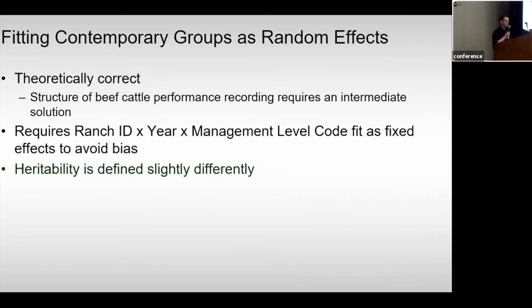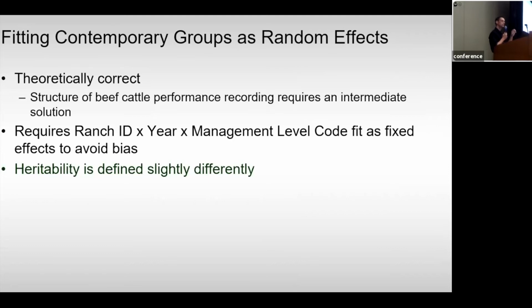So, as I mentioned, fitting contemporary groups as random effects, theoretically this is correct, and I'd argue that if I were in other industries, that's the way I would do it. But the structure of beef cattle performance recording requires maybe an intermediate solution. And to be candid, in the beef industry, breeders compete against each other.